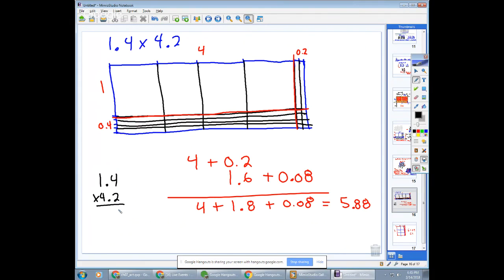I just say 2 times 4 is 8, 2 times 1 is 2, placeholder, 4 times 4 is 16, carry the 1, 4 times 1 is 4, plus 1 is 5. Then I bring it all together. And then I have to decide: 1, 2 places in my numbers, so 1, 2 places in the answer.